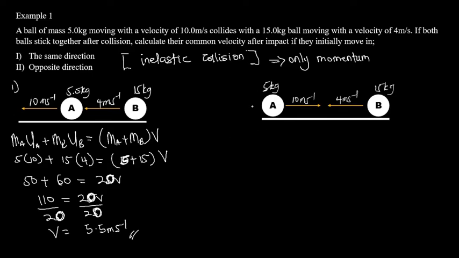In this case, after the collision, let's look at the direction in which the ball will go. This is a 5 kilogram ball, this is a 15 kilogram ball. After impact, these two bodies will stick together, but they will move in the direction of the 15 kilogram ball, because it is way heavier than the 5 kilogram ball. But this concept still remains the same.